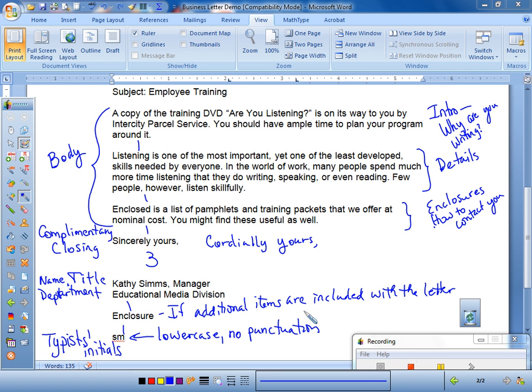You wrote the letter, you typed the letter, you don't need that. So those last two may vary to some extent. And I didn't label enclosure. Enclosure is just known as enclosure. There isn't a title for it. If you need a title for it, it's called the enclosures. There's nothing else to say about it. It's something enclosed.